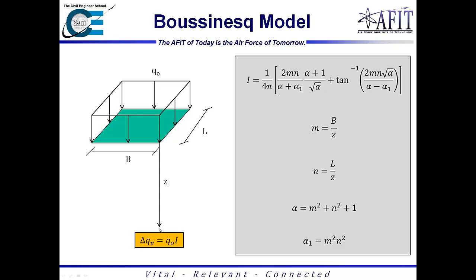One of the other ways you can use this model, and I'm probably not going to get into it too much during this lesson, is if I wanted to find the pressure outside of this point here, so z was not below the actual corner. I could create some imaginary surfaces to get to that point, and that'll give me the approximate pressure based on this diagram.